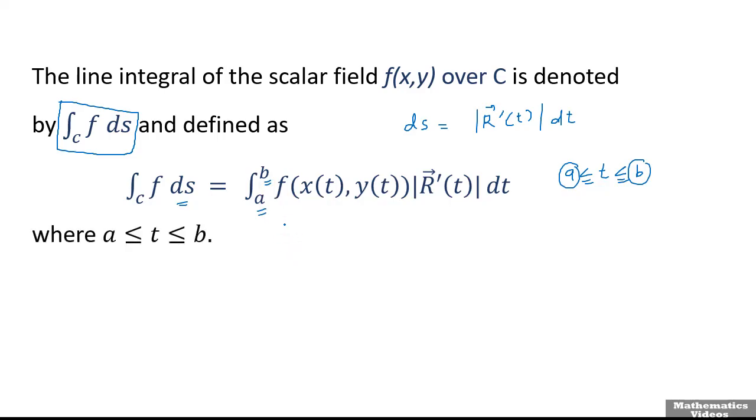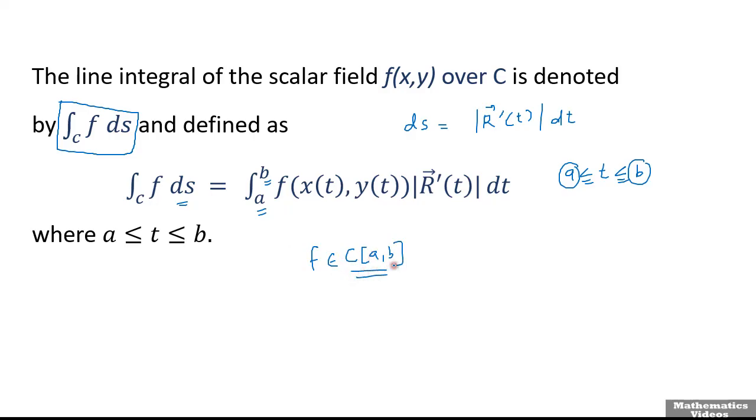Furthermore, note that from basic calculus, you may know that the integrand must be continuous on the interval from which the variable of integration takes its values. So it means that we must assume that f belongs to the vector space C of the closed interval from a to b.